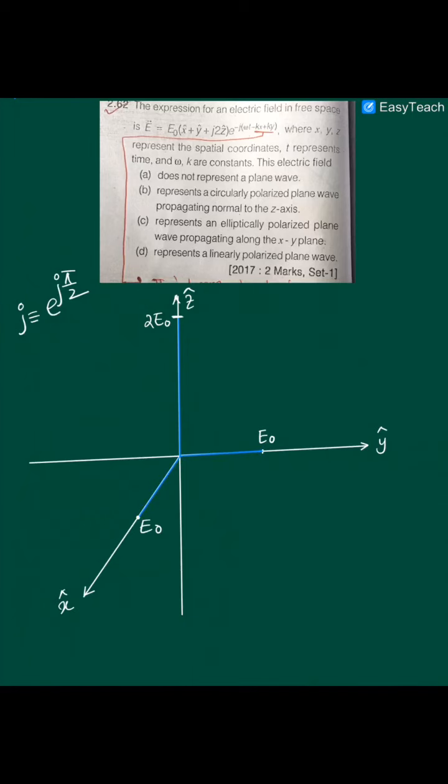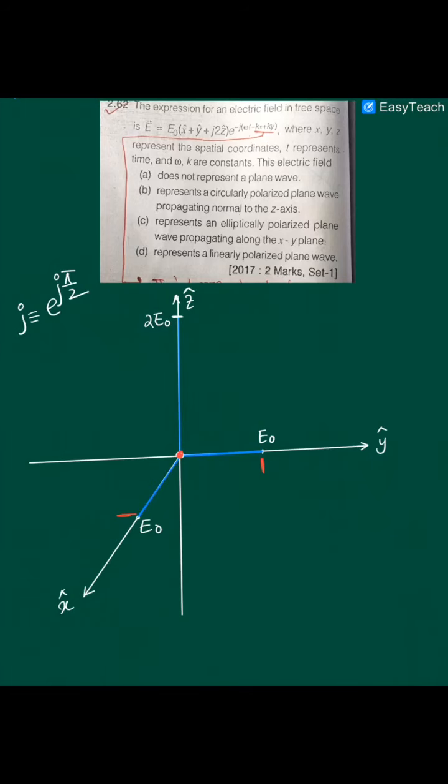But for the z component there is a pi by 2 phase shift, meaning when x and y components are maximum, the z component will be 0. Means when the x component and y component are over here, at that time the z component is over here. So this is the meaning of j.